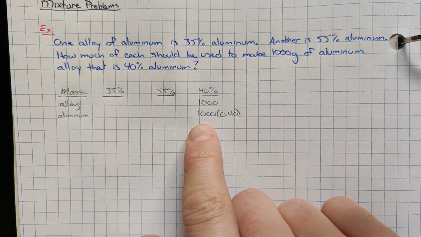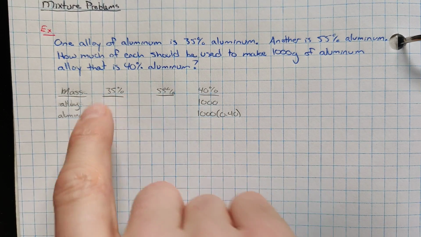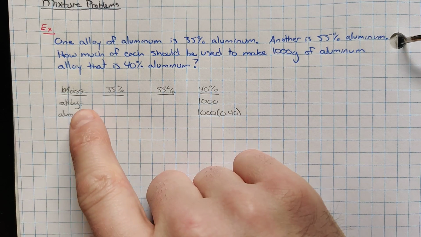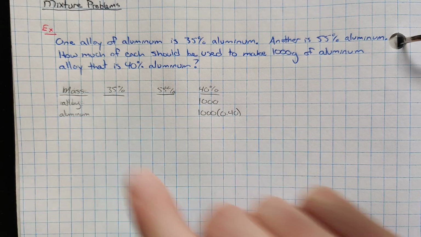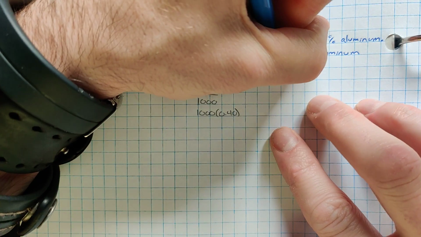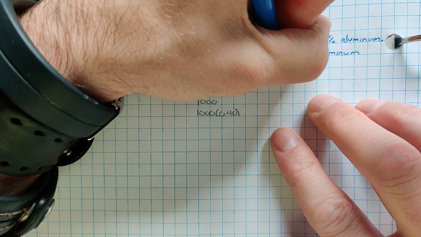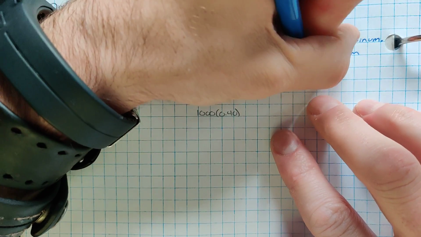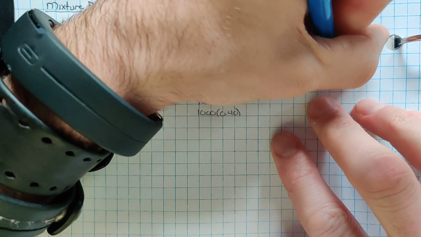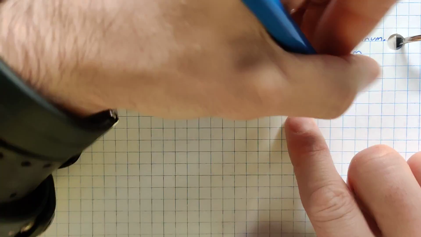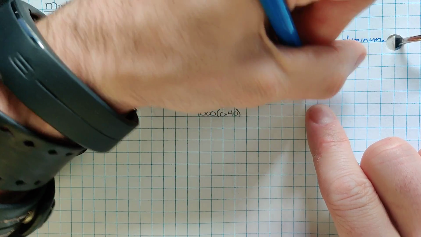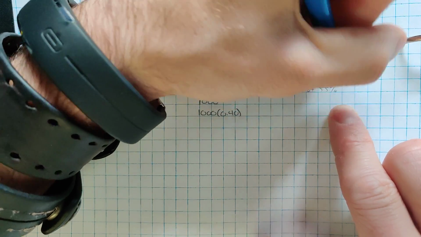In terms of the 35 and 55%, we need to know how much of each. So what mass of each are we getting? So for variables, I'm going to do a capital T for the mass of the 35%, and then a capital F for the mass of the 55% aluminum mixture.